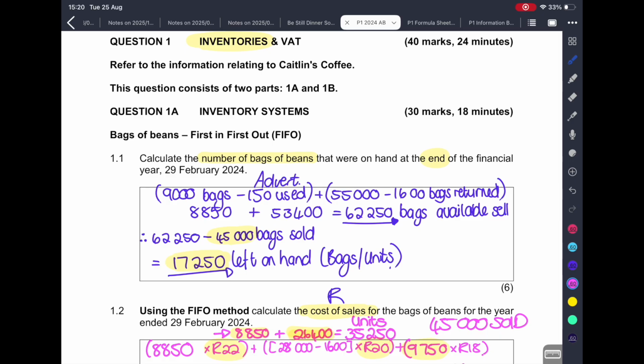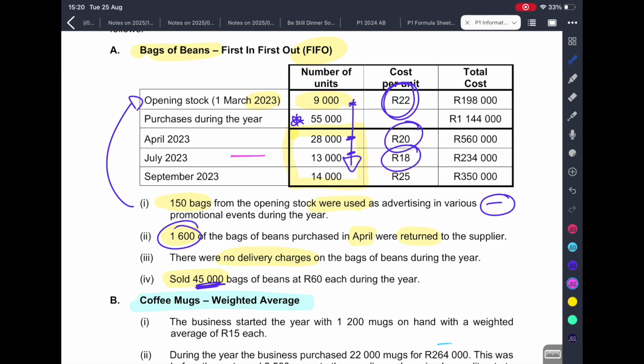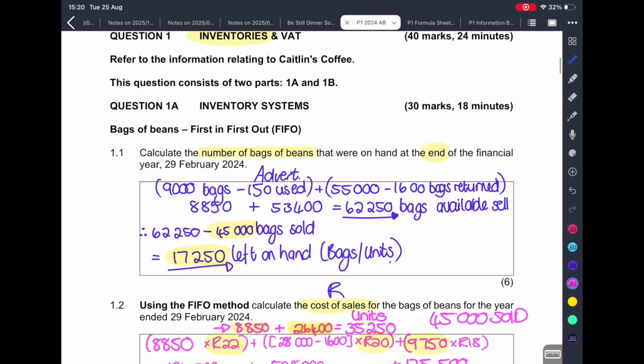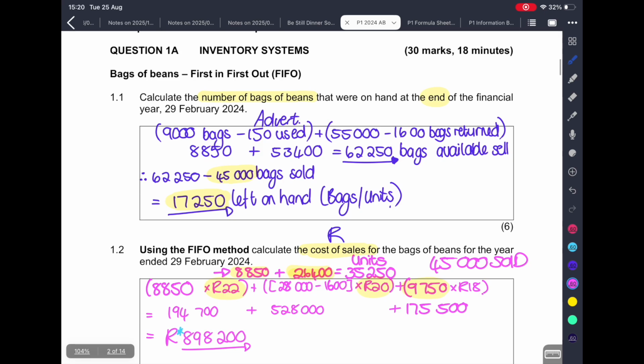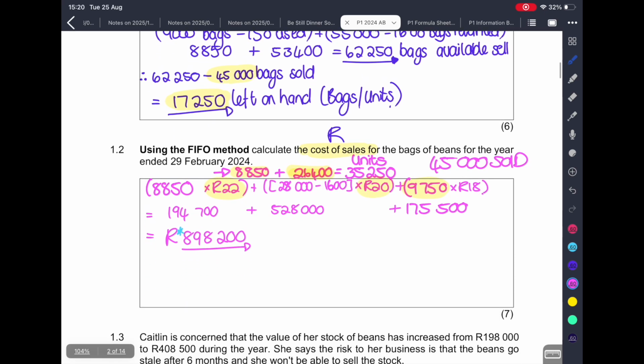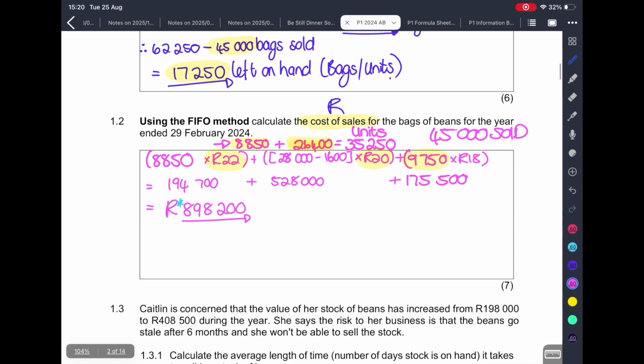Do your calculation, just minus the two, and you get 9,750. They will be at 18 Rand. So what you've done is you've used some of July's 13,000 because you did sell some of them. You've got all of September left. They are still on the shelves. And then some of July will still be on your shelves. So if we add all of that together, I get 898,200 for my cost of sales for the year.